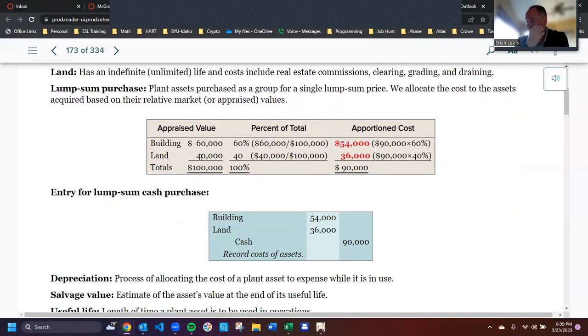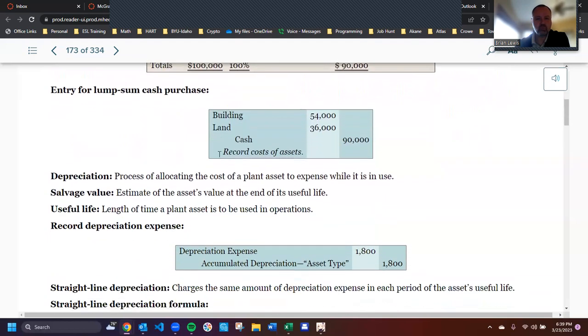Usually your local government agency, the assessor, has a value for the land. You can use that and then figure out the difference between the land value and the total price, and that's your building amount.